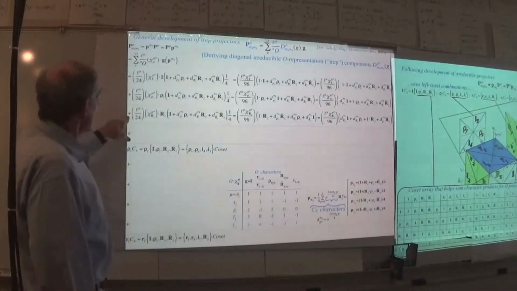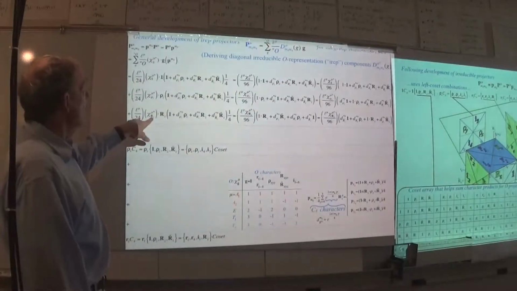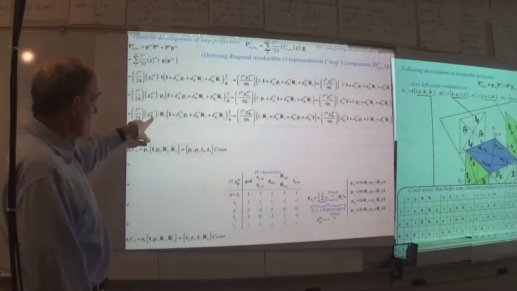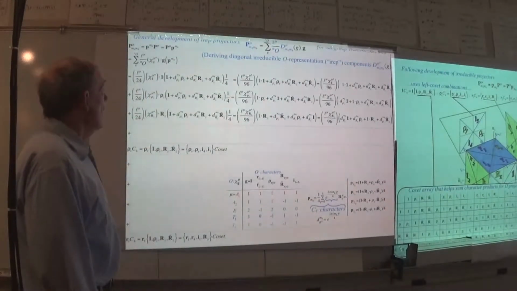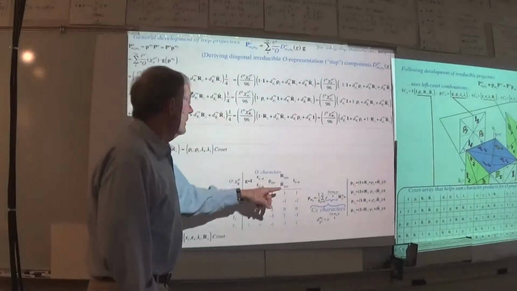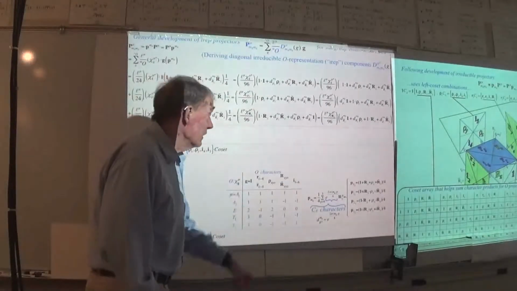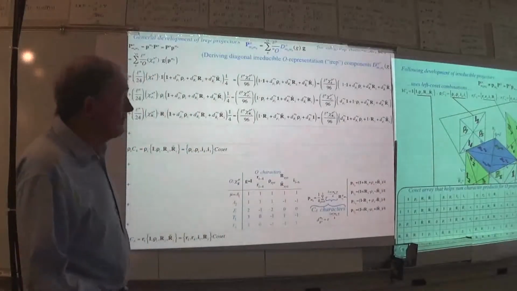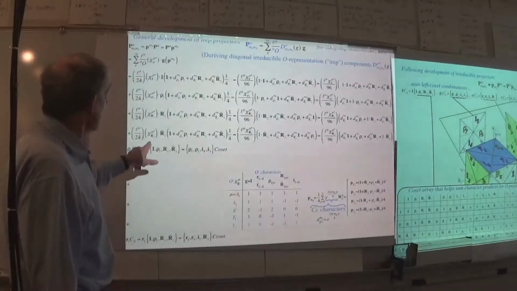So the third one here is now I'm working with a character associated with the rotation RZ. So I'm taking this one class at a time here. I'm going with the one class, and I took the row class. Now I'm taking the R class. Eventually we take the little r class and the I class, and then we'll finish the list of products that we have to do.